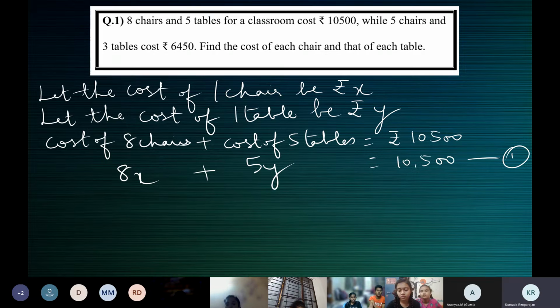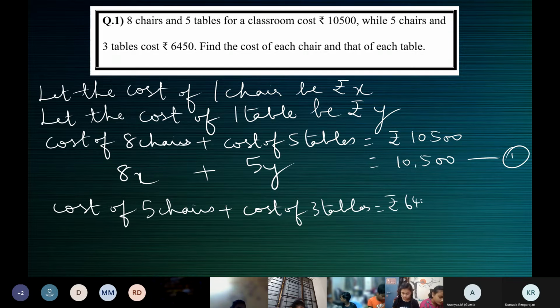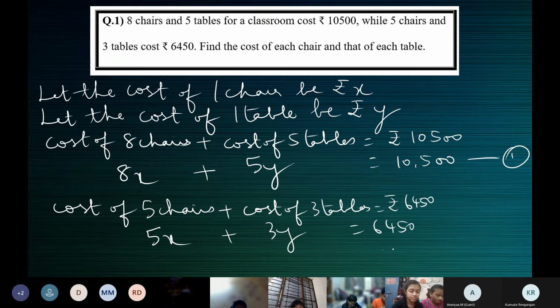Write down, children, quickly. All right, now solve the two equations and tell me the values of x and y.